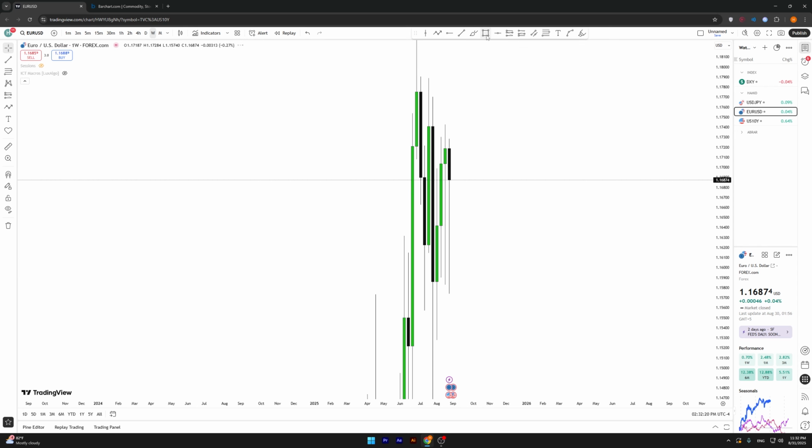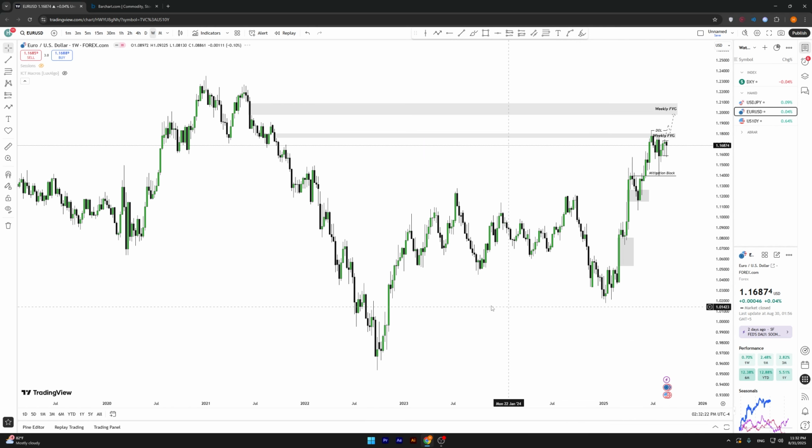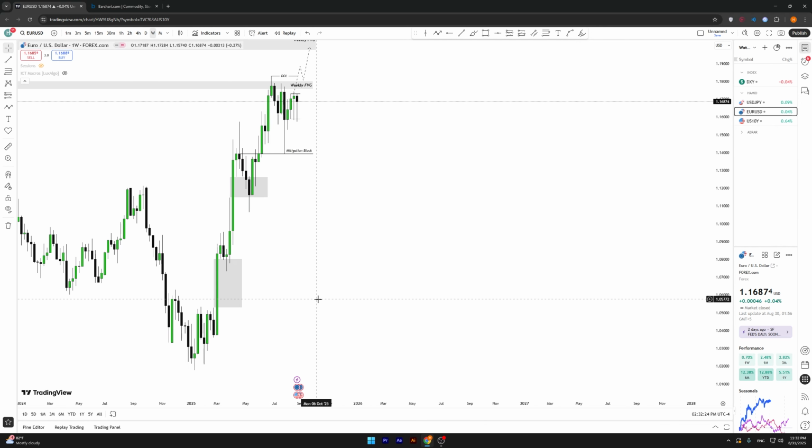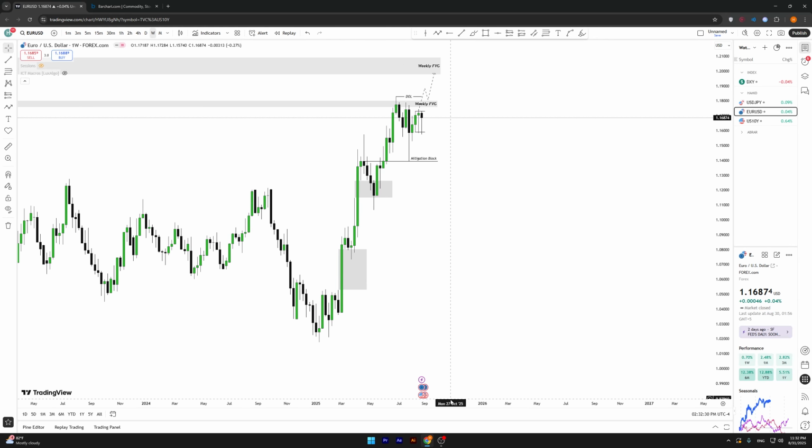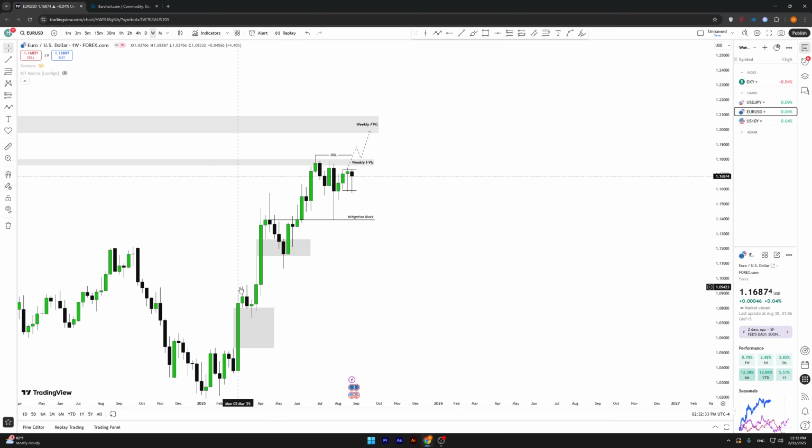Same as weekly, first let's look at the weekly. As we are bearish on DXY, I am bullish on EURUSD, because as you can see, first price grabbed the IRL and then went to the ERL.